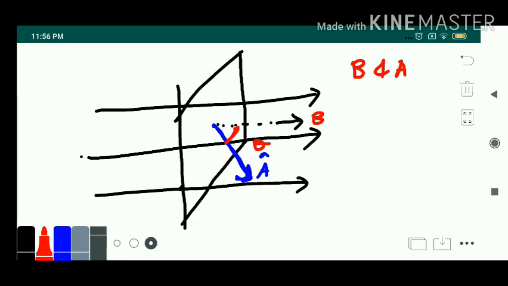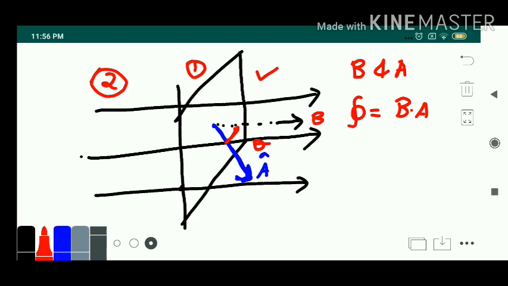Clear? So now there are flux lines cut by this coil. What is the flux linked to the coil? It is B into A, and there is a cos theta. Before that I have to introduce a term also. Suppose this is the case of one coil. Suppose there are more than one coil, say two coils.